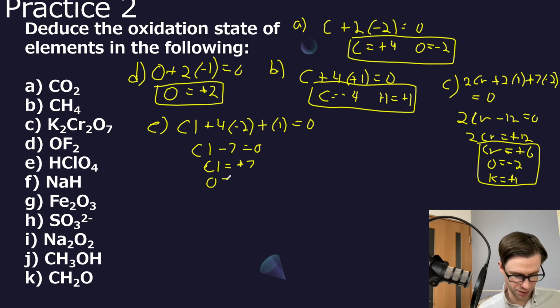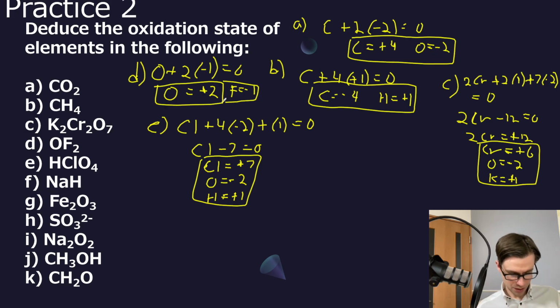And so we made an assumption that O is minus 2. H is plus 1. So those are our answers. Oh, I forgot to label in D that F is minus 1. Okay, F, NaH, sodium hydride.